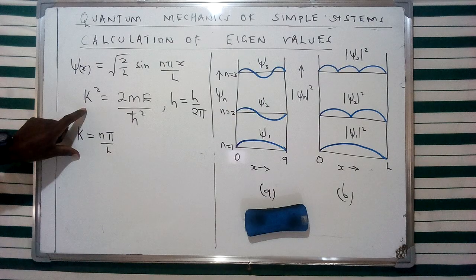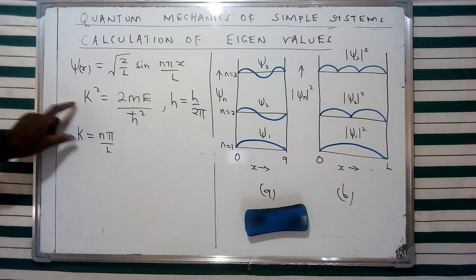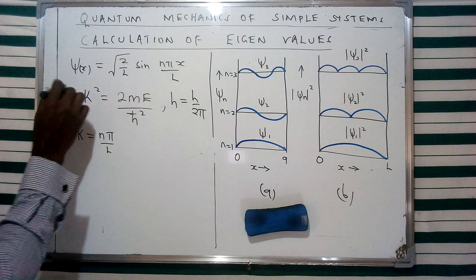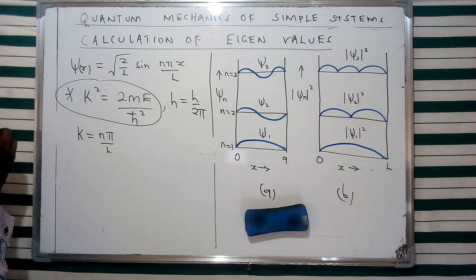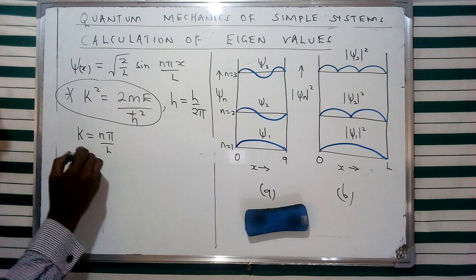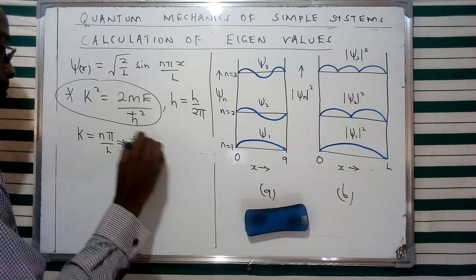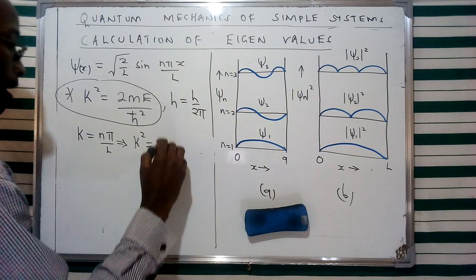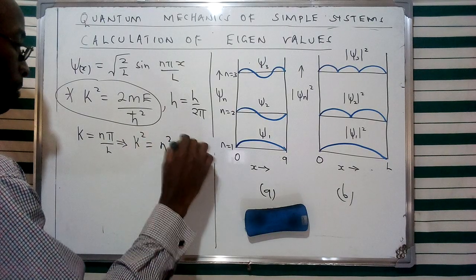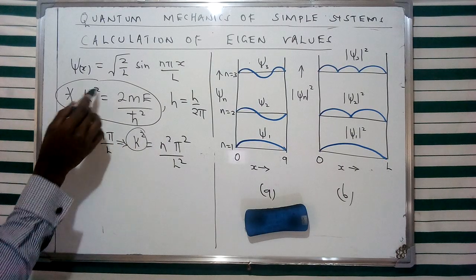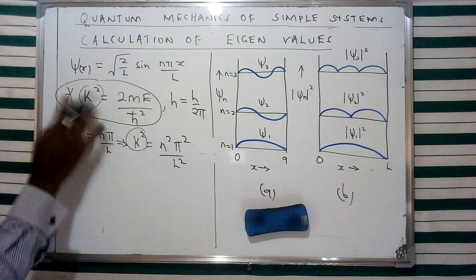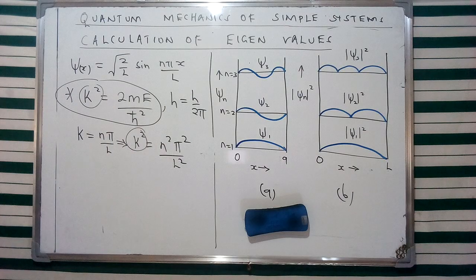So we can represent this specific aspect of the value, the square of k, given this first statement which I have given in terms of an equation, and also have an equivalent of the square of k from this second aspect, having n squared pi squared over L squared given as such. So the equation for this one and the equation for this one, for the left and right side, are going to be equivalent.